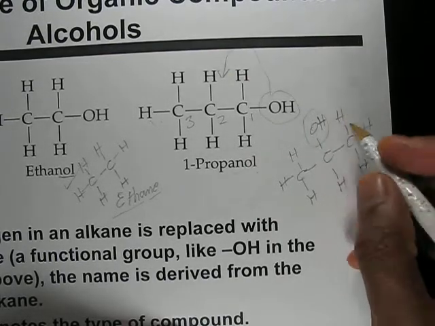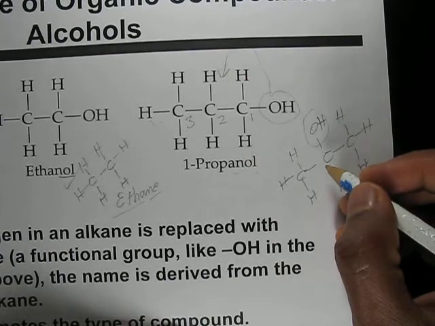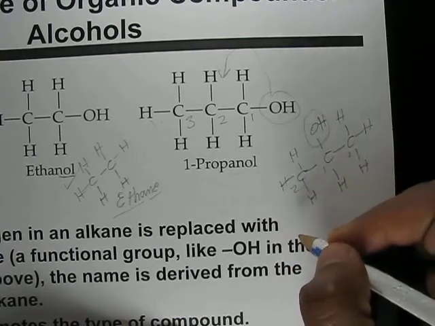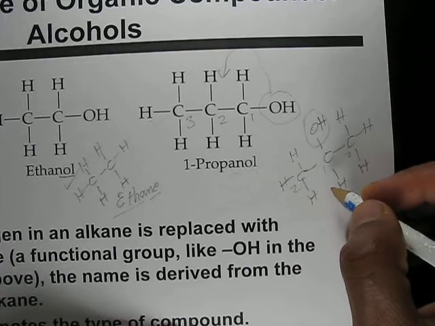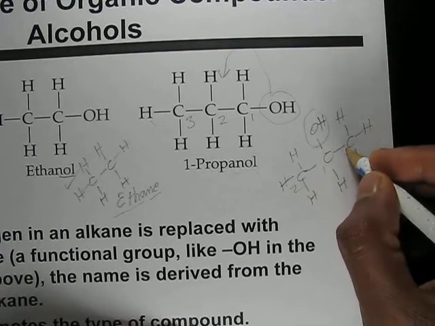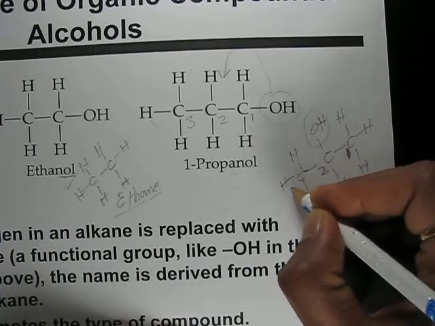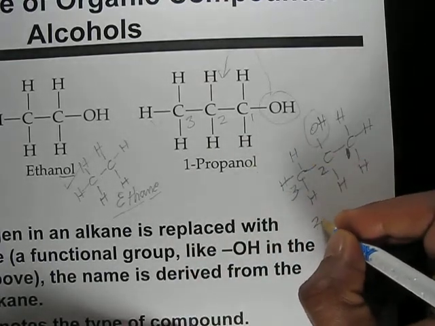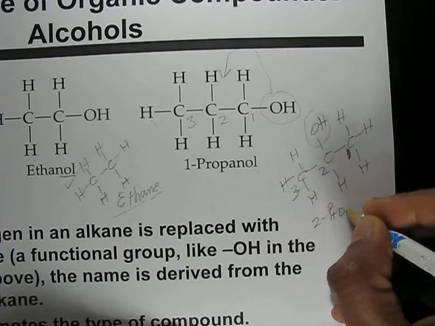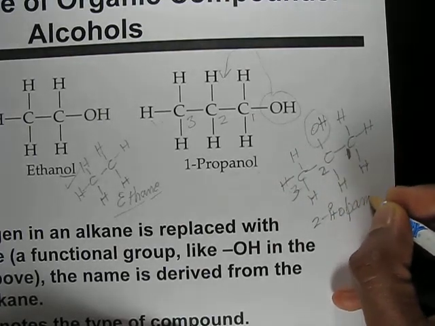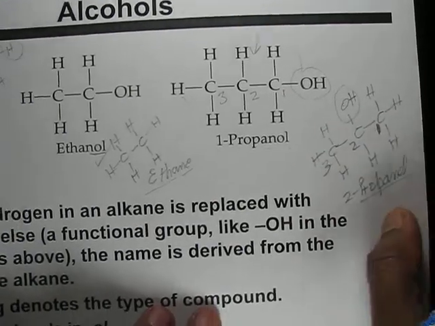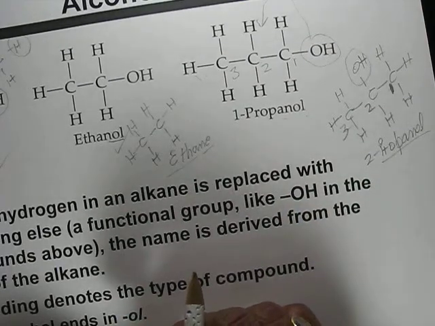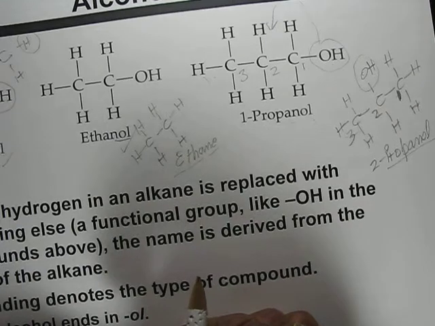Now we cannot say 1 or 2 in numbering, so the numbering still starts from 1, 2 and 3, and the name of this alcohol will be 2-propanol. So this is a very short introduction to the organic compounds alcohol and alkane.